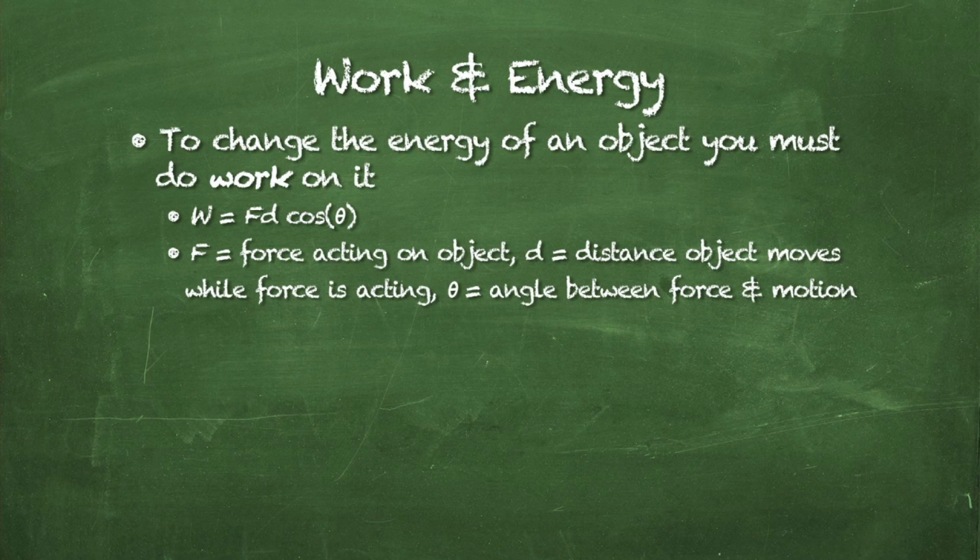So let me give you a few examples. As I take this pin here and place it in my hand, I am exerting a force on it, but it's not moving, so at this point I'm not doing any work on it. If I were to lift it up, however, then I am applying a force to it that is upwards.